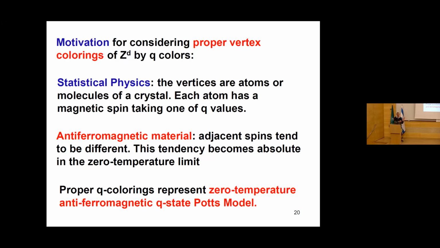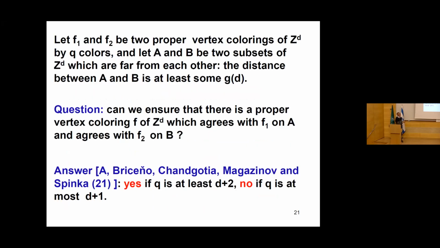For instance, we are considering these colorings. And suppose we have 2 proper colorings of this infinite graph, and denote them by f1 and f2. Both of them are colorings by q colors, and they are proper. And suppose that we have 2 sets A and B, which may be finite or infinite. They are 2 subsets of Z^d, but they are far from each other. So the distance between them is at least some function of the dimension.